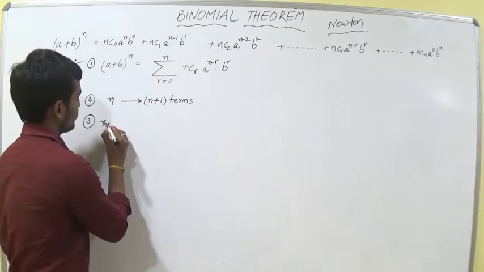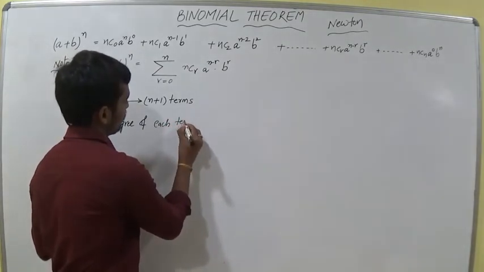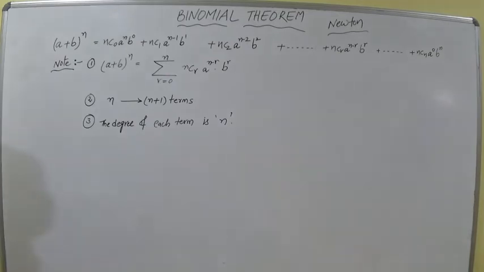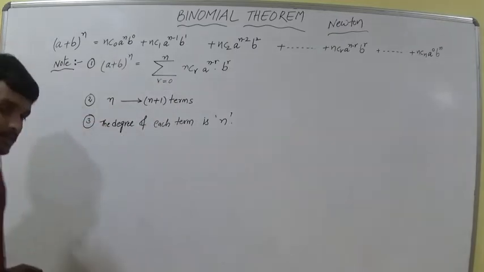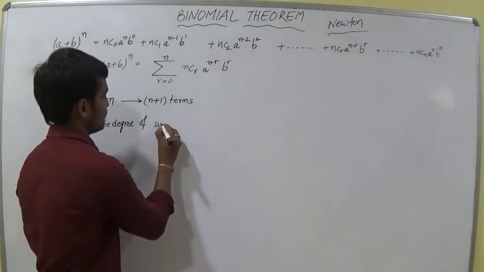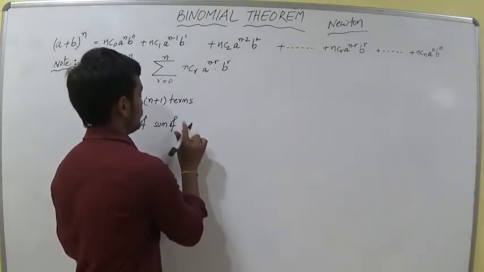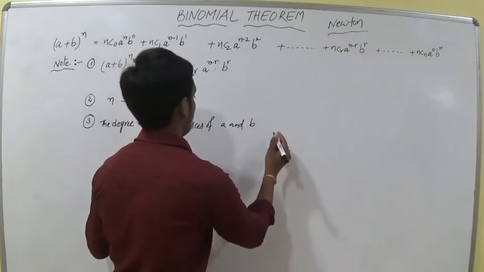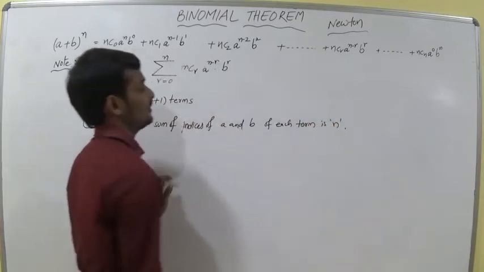You can write it completely as: the degree of the sum of the indices or exponents of a and b of each term is n.